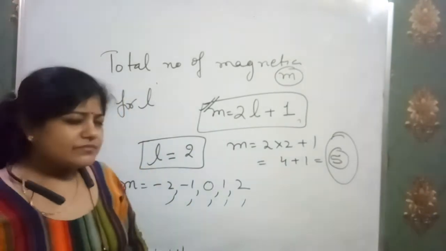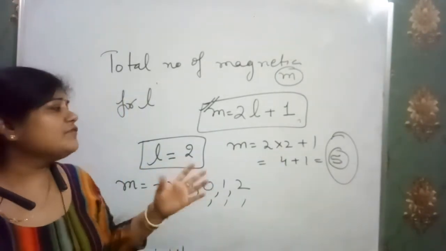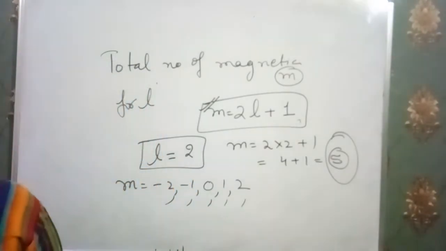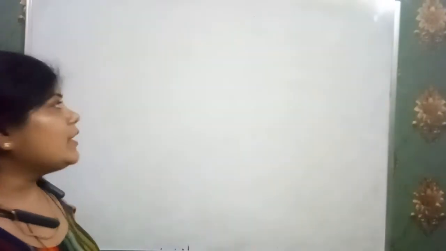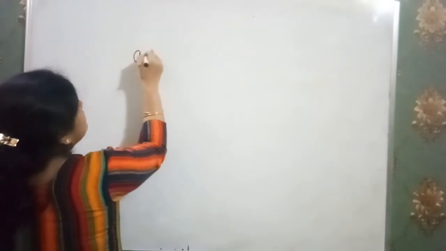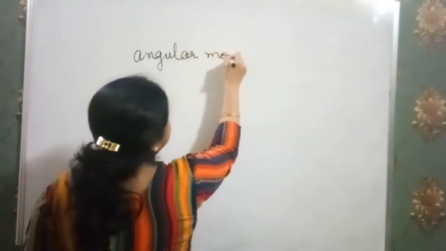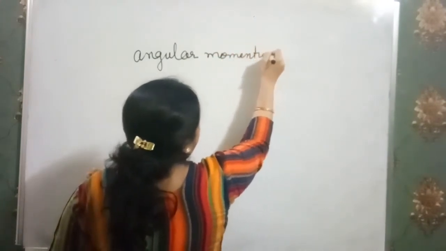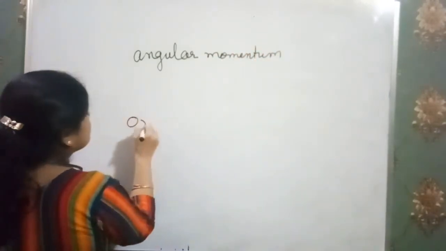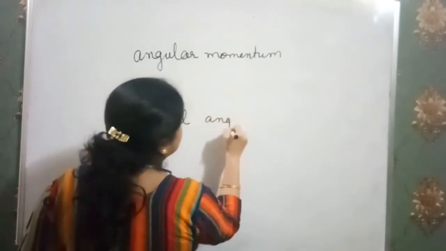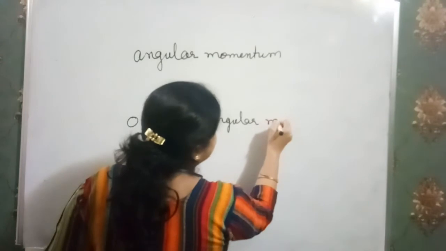Now we see the method for finding the angular momentum. There's one more topic which is also related to the quantum number: angular momentum, and there is one more term, orbital angular momentum.